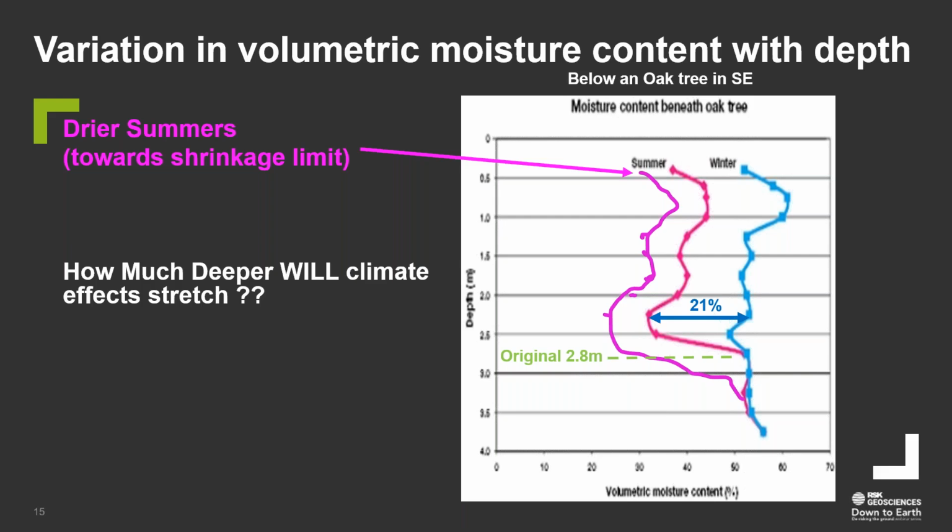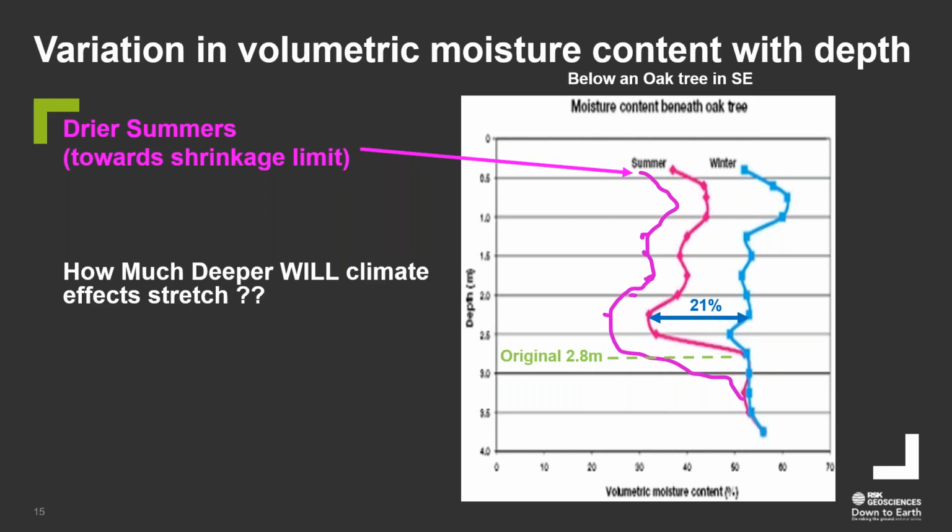We know it's going to be to the left of the original. How far to the left? Well, looking at typical shrinkage limit values and looking at plastic limit values and assuming you go about halfway there, I estimated it could be somewhere in the region of about 8–10%, that sort of figure. And so I just drew a line there just to see what that might do to interpretations.